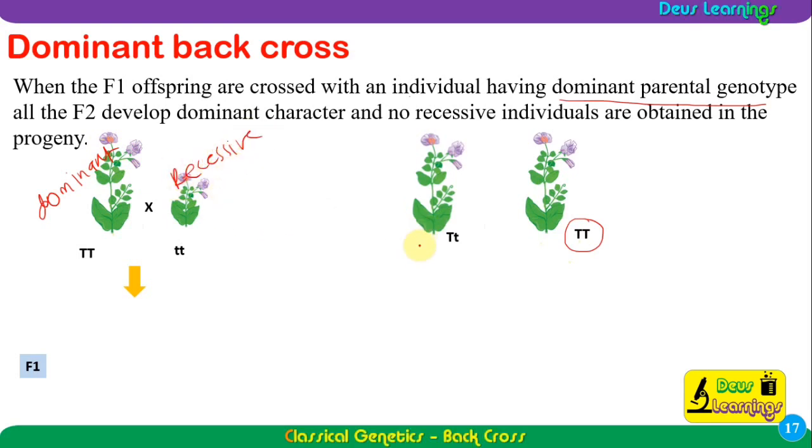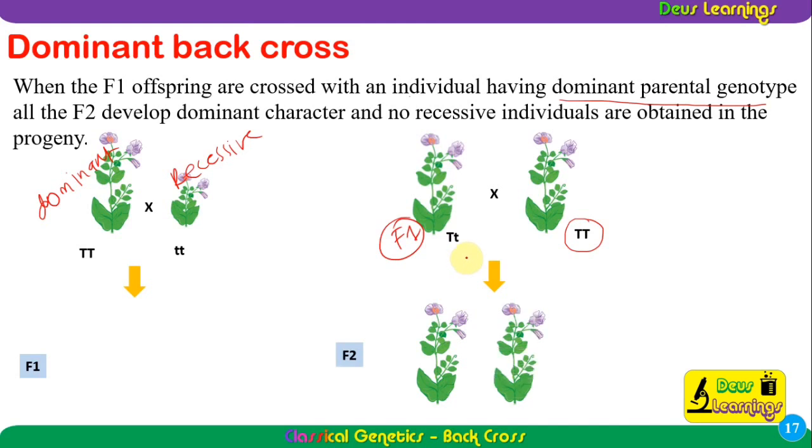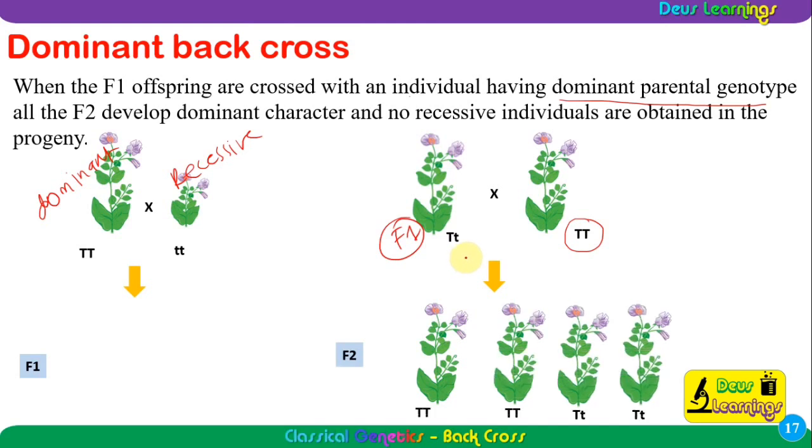If this F1 individual is crossed with the dominant parent, what genotypes will we get? Capital T capital T, then capital T small t, capital T capital T, and capital T small t. So the F2 generation will be all tall.